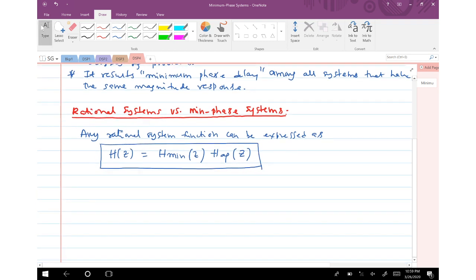That means a given system response can be represented as a concatenation of two systems, a minimum phase system and an all pass system.